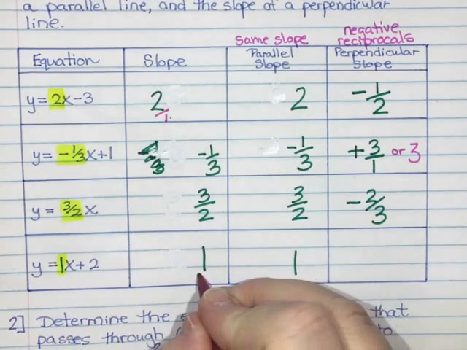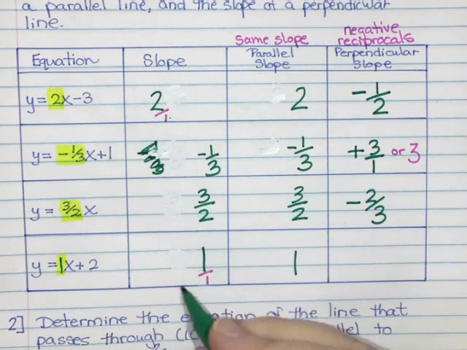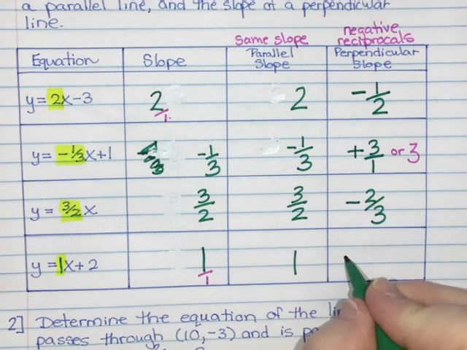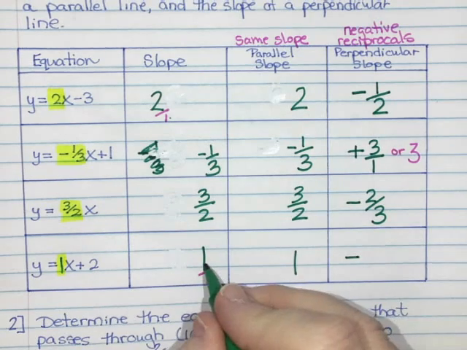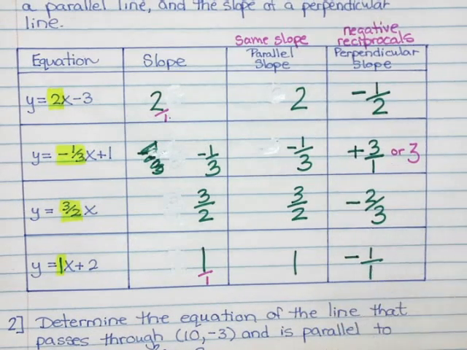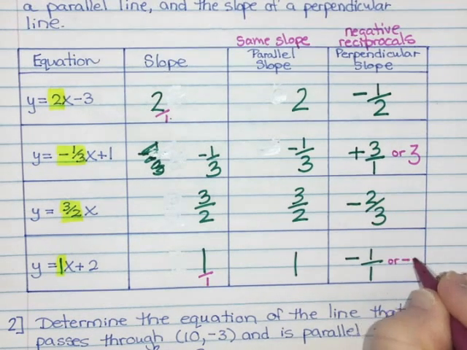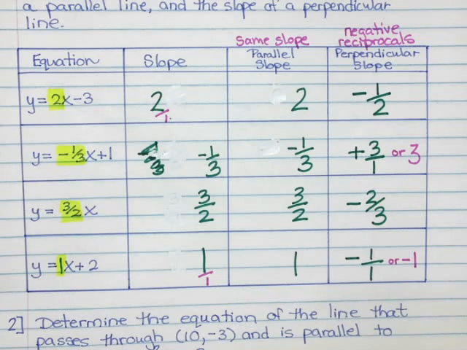That is secretly a 1/1. This is positive, so this one needs to be negative. And then we're going to flip 1/1 over to get 1/1. Now 1 does divide evenly by 1, so you could just write negative 1 if you want.